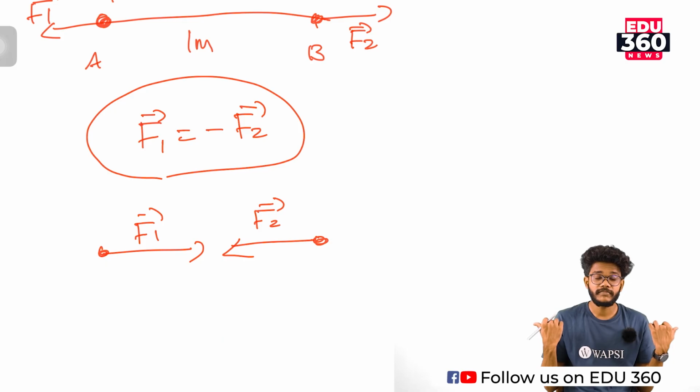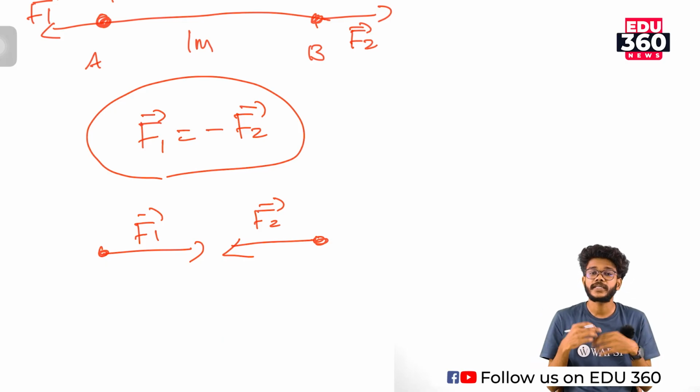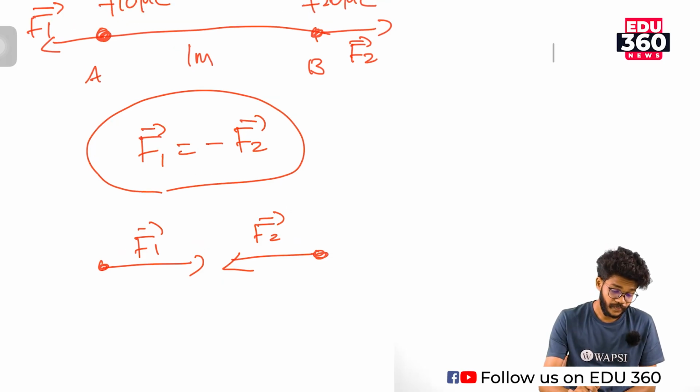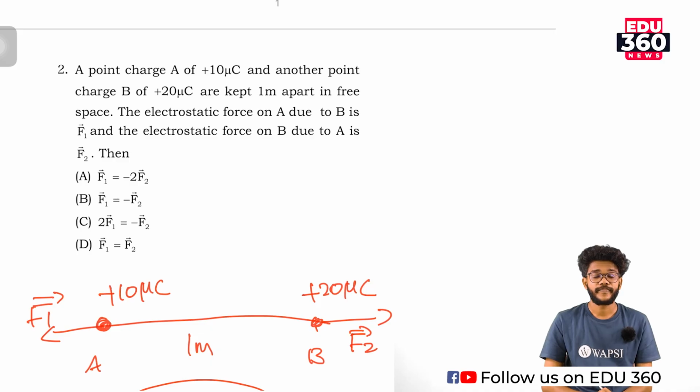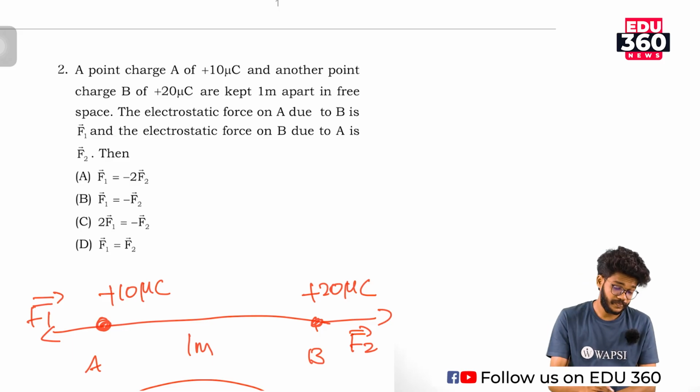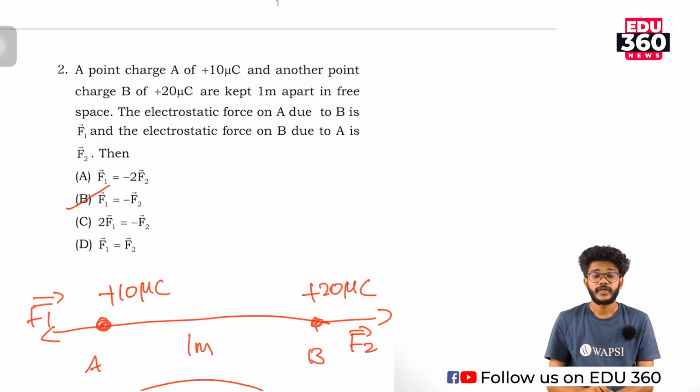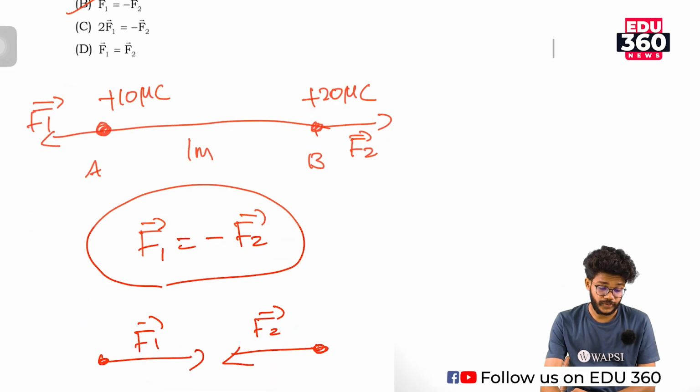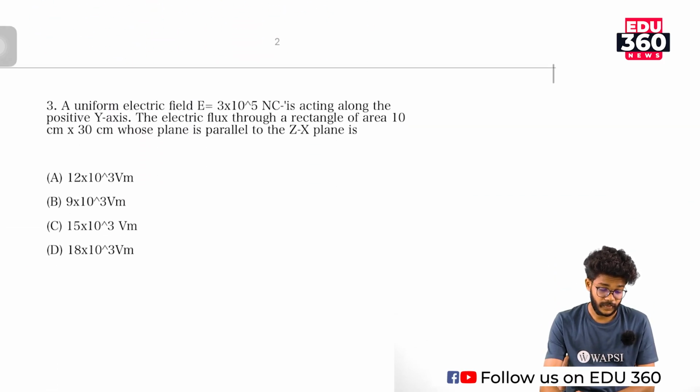If they are repelling, they are in opposite directions; if they are attracting, they are in opposite directions. So in this case also F1 is equal to minus F2. In every case, without looking at the magnitude of the charge, we can say that F1 is equal to minus F2.